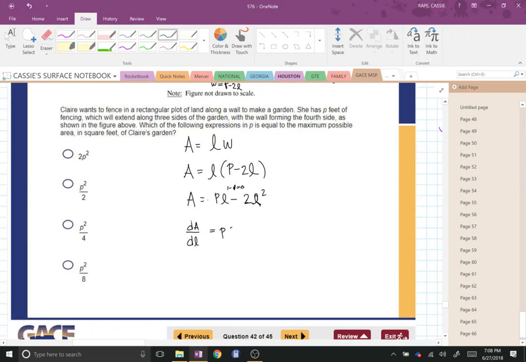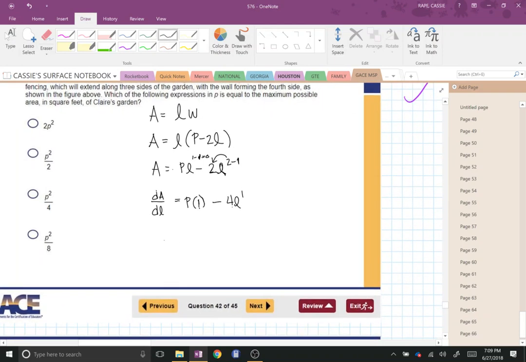So P times 1 is the derivative of that first term, minus, now 2 times 2 is 4, and then L, and I subtract 1 from that exponent, and it's 4L to the first power. So the derivative is P minus 4L.